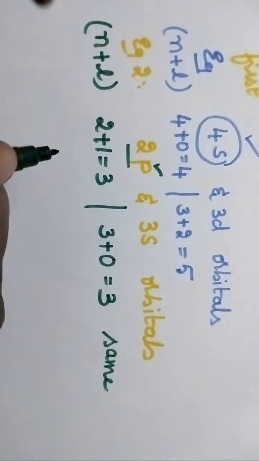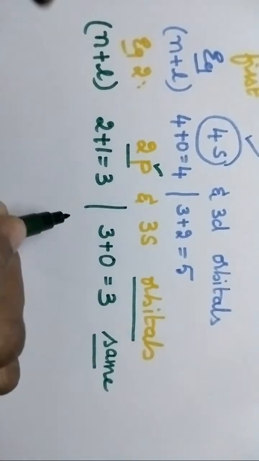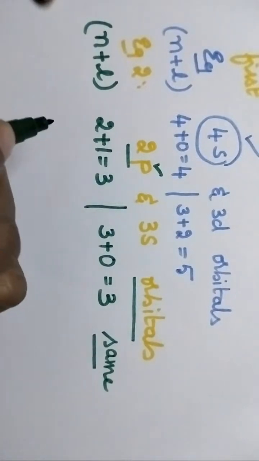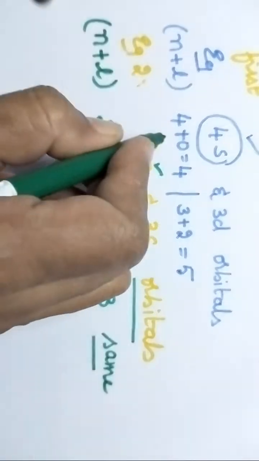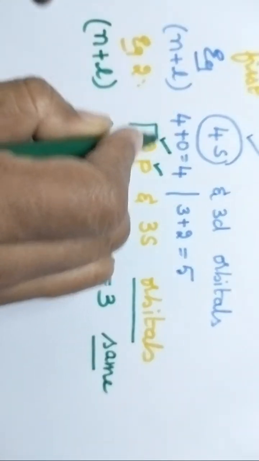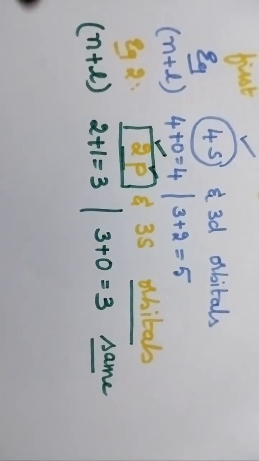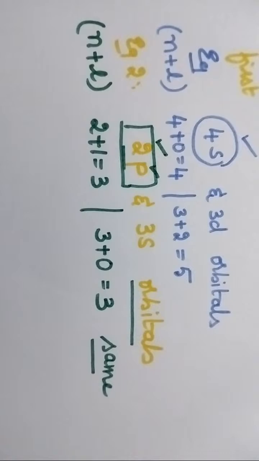Then whenever two orbitals have the same n plus l value, we have to fill the orbital with lowest l value. That's why 2p orbital should be filled first. Is it clear about the Aufbau's principle?